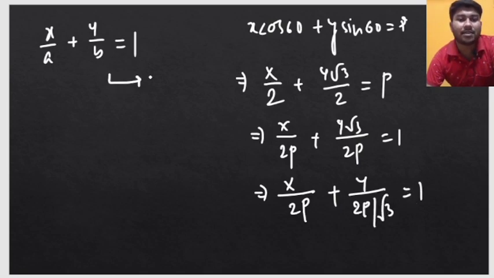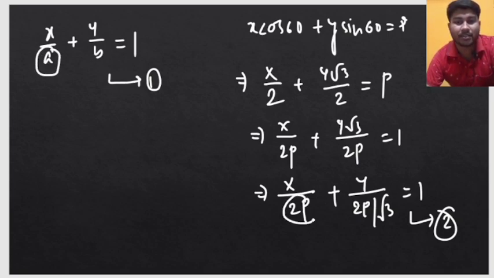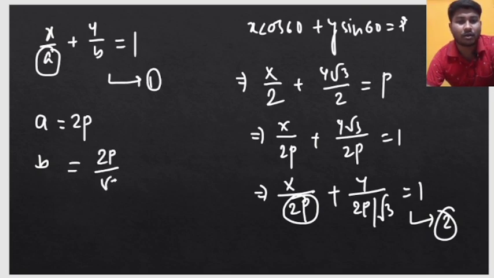Now if you take this as equation 1 and this as equation 2, both forms are different but the line is the same, so we can compare both. So the value of a will be 2p, and in the same way the value of b will be 2p by root 3.